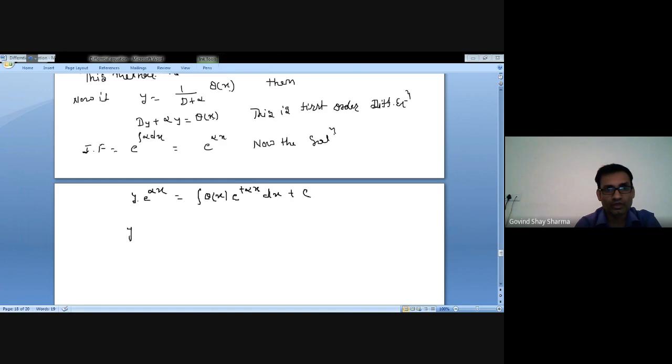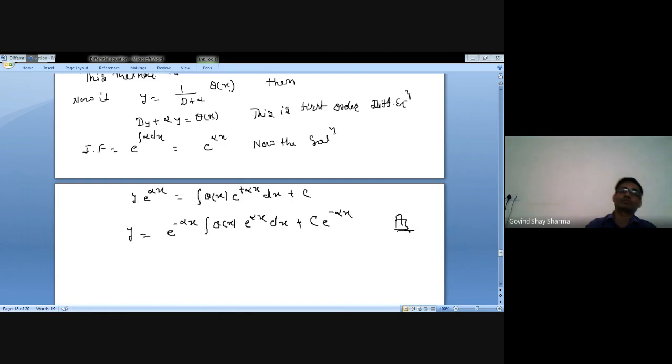So y is equal to e to the power minus alpha x times the integral of Q(x) e to the power alpha x, plus c e to the power minus alpha x. This is the solution, and this method is called the general method to find PI.